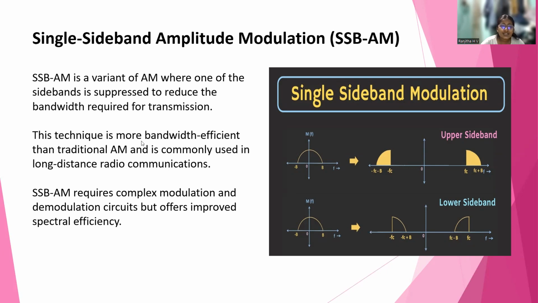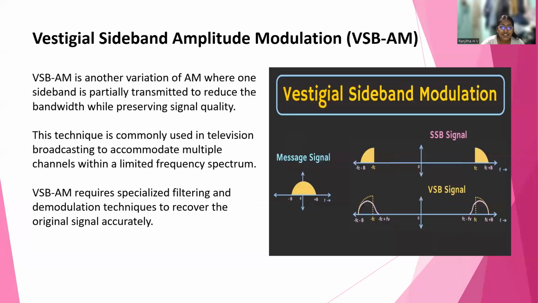This technique is more bandwidth efficient than the traditional amplitude modulation, and it is commonly used in long distance radio communications. SSB amplitude modulation requires complex modulation and demodulation circuits but offers improved spectral efficiency.